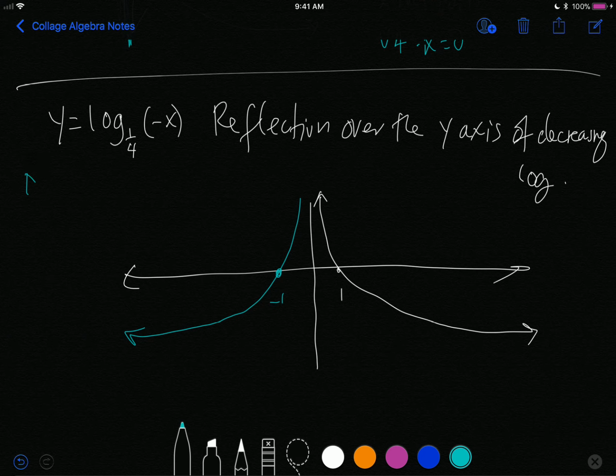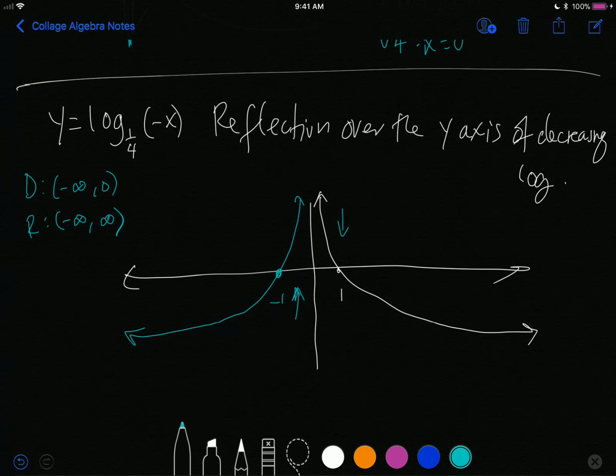And so my domain has now totally switched. It used to be 0 to infinity. My domain is now negative infinity to 0. Of course, my range will never change. The graph used to be decreasing. Now the graph is increasing. My x-intercept used to be (1, 0). It's now going to be (negative 1, 0).